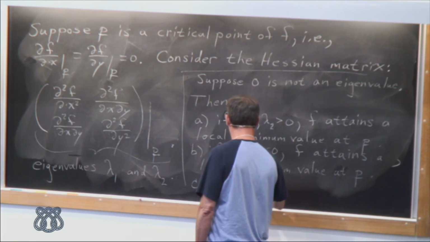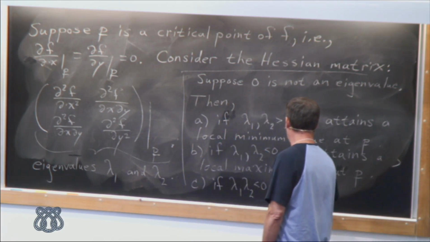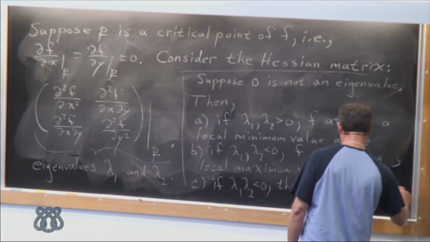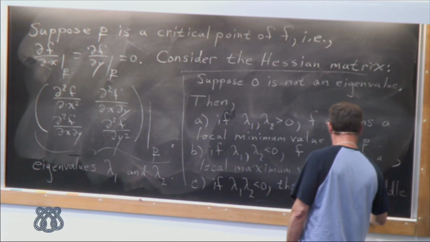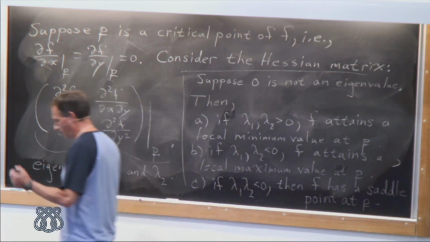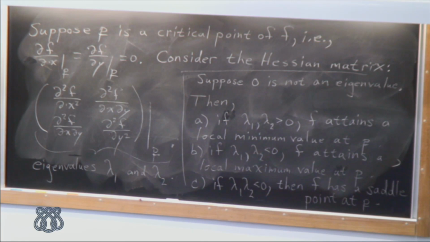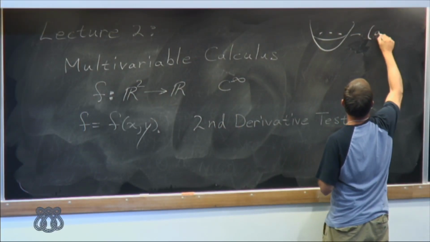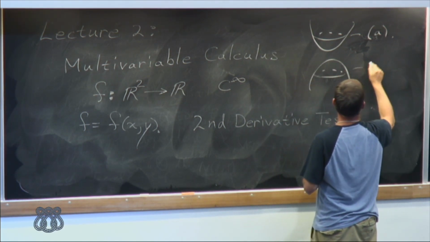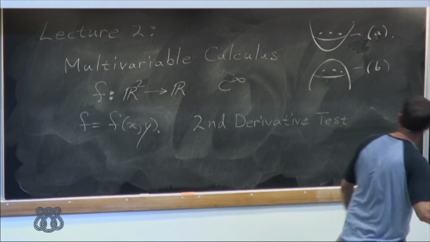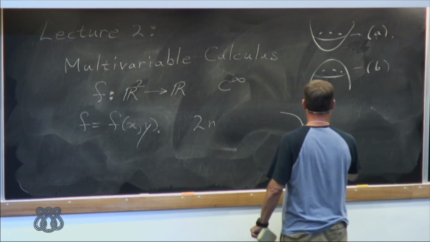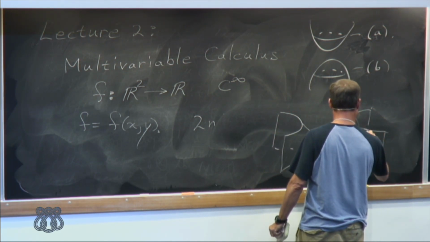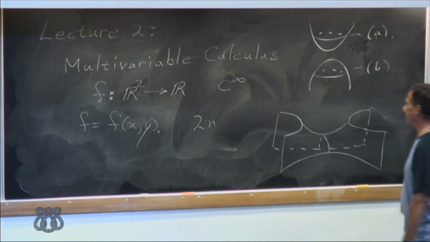If lambda 1 times lambda 2 is negative, so they have opposite signs, then F has a saddle point at P. So it tells you that either you look roughly like this, so this is A, or you look like this, this is B, or you look like this, this is C.